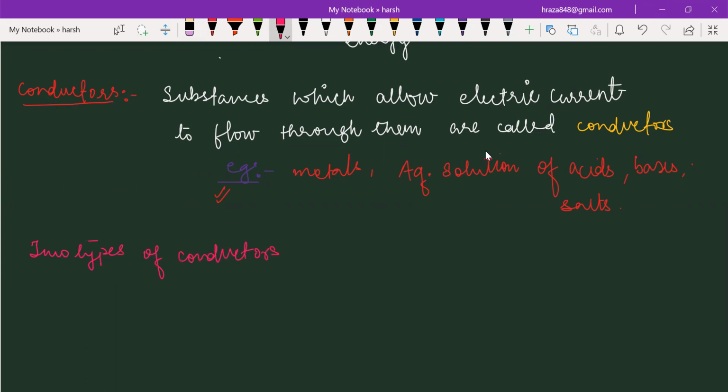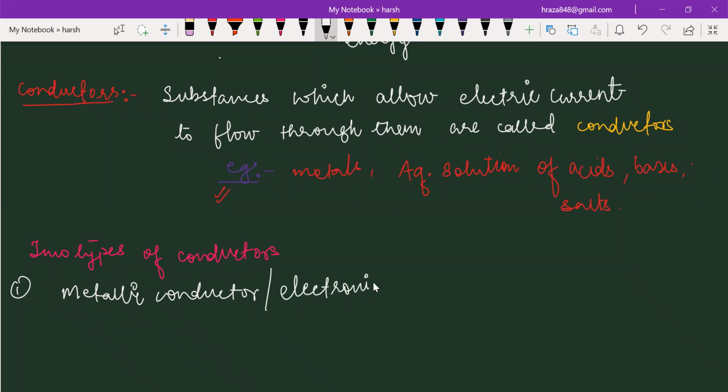The first one is metallic conductor, also known as electronic conductor. And the second is electrolytic conductor, also known as ionic conductor.